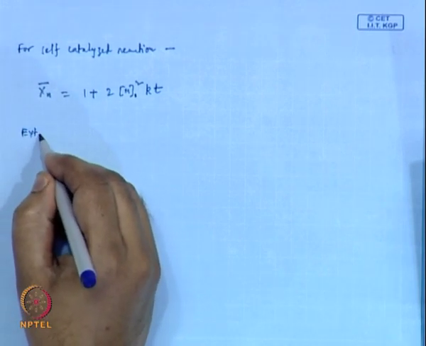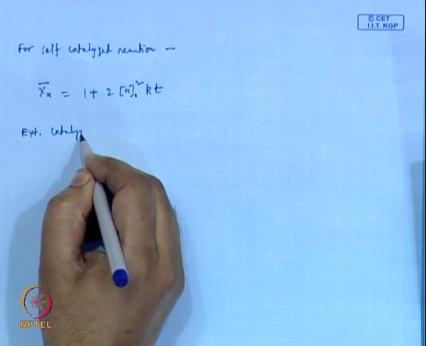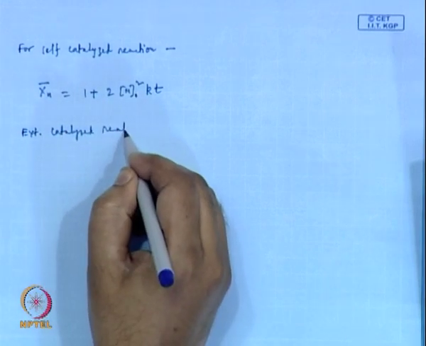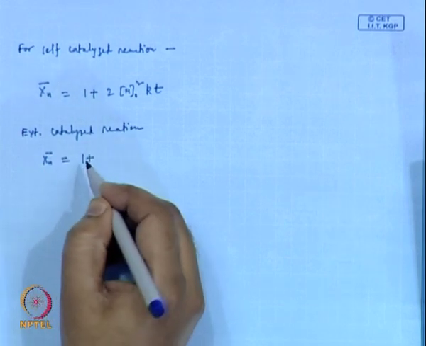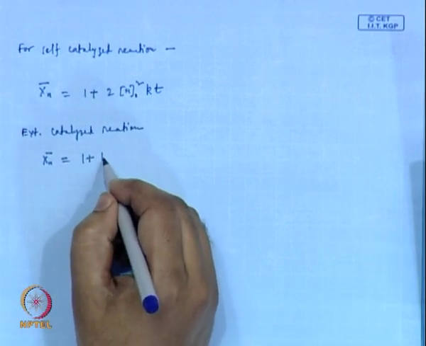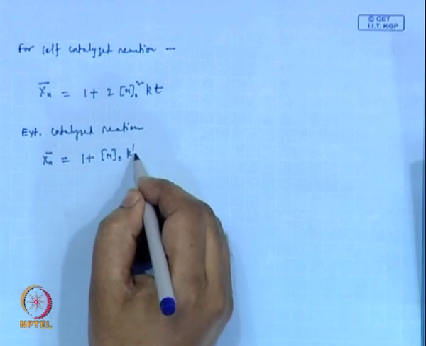for an externally catalyzed reaction we got Xn is 1 plus M0 K dash t.